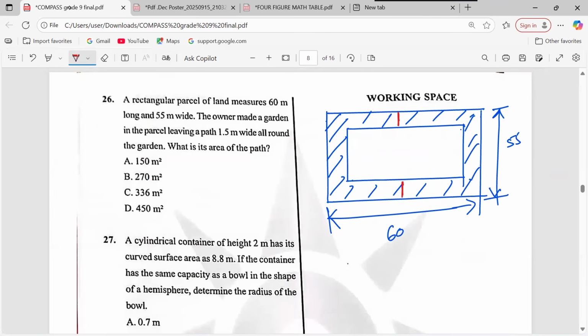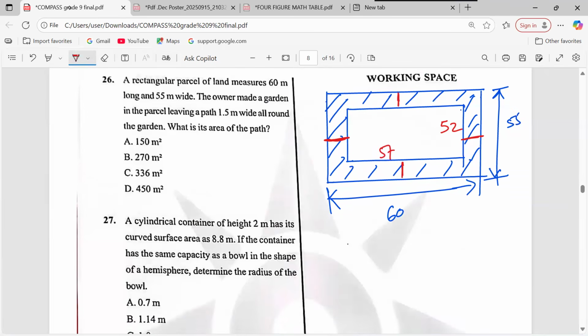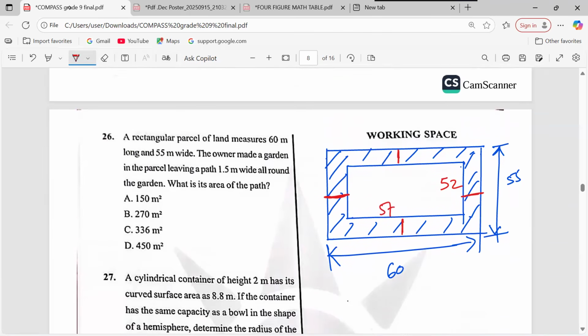So 1.5 and the other 1.5 makes 3. We subtract 3 and the inner garden now measures 55 in one direction. We also subtract 3 here and 3 at this point. We get 57. Therefore, how will we get the area of the shaded part, which is the path?